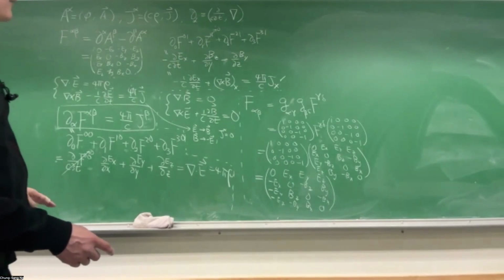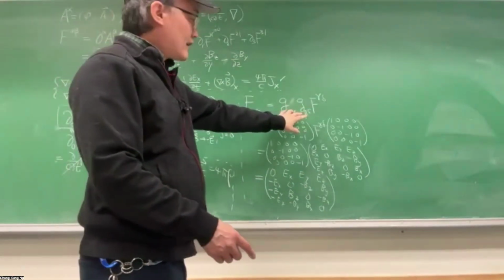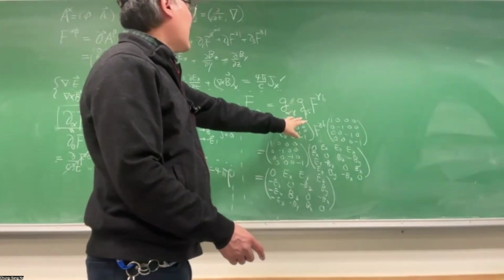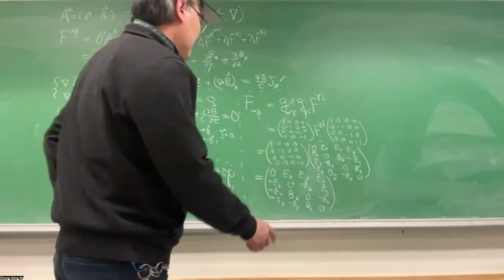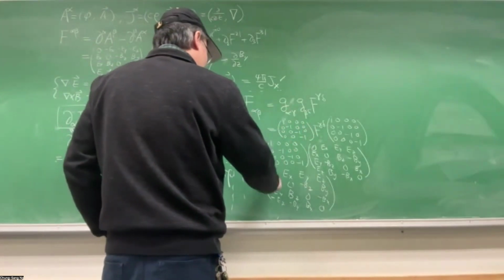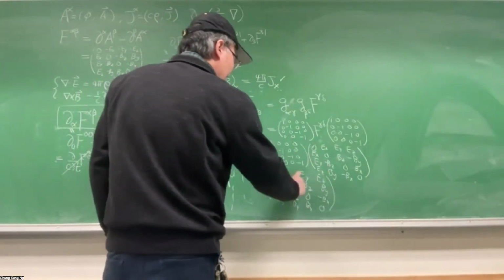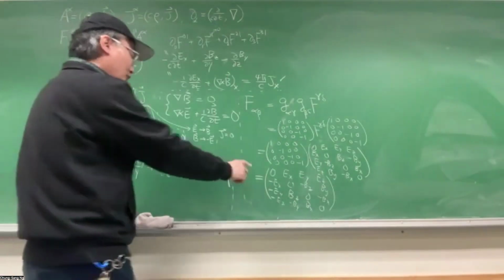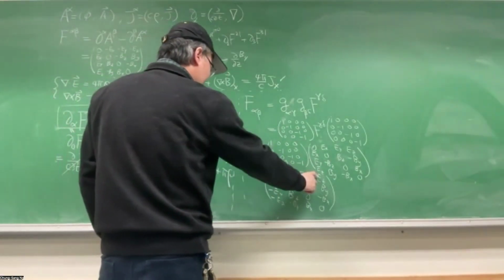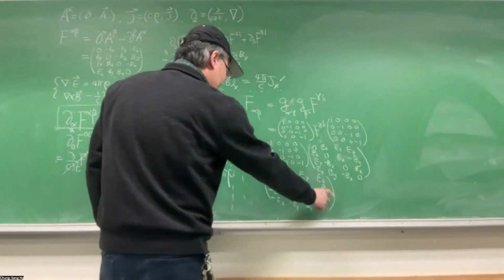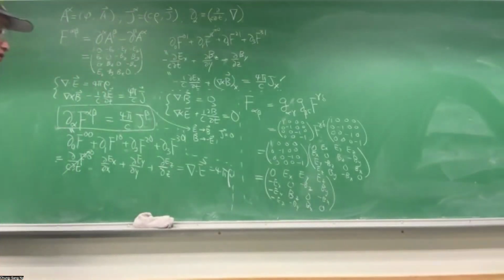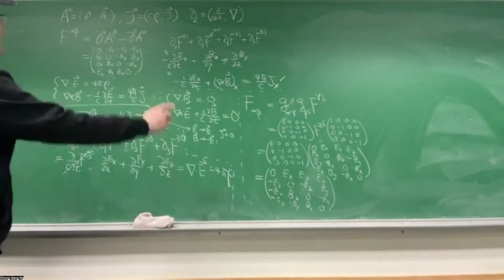Any tensor is like that. You do a contraction like that using the Minkowski matrix. Basically, the first row and the first column change sign, but the rest don't change sign. It's similar to this one.